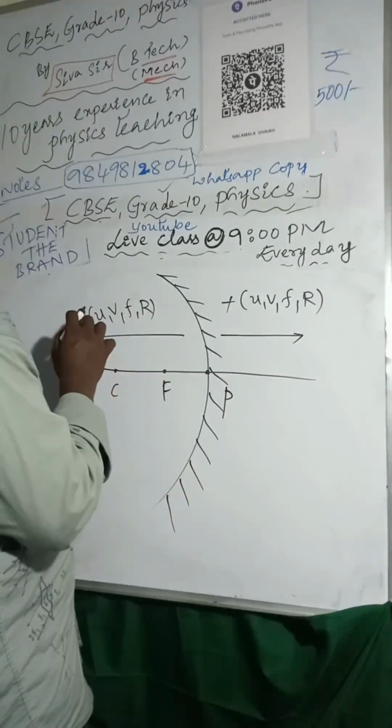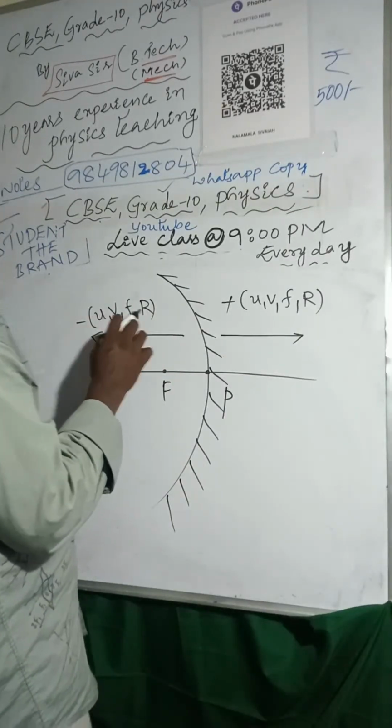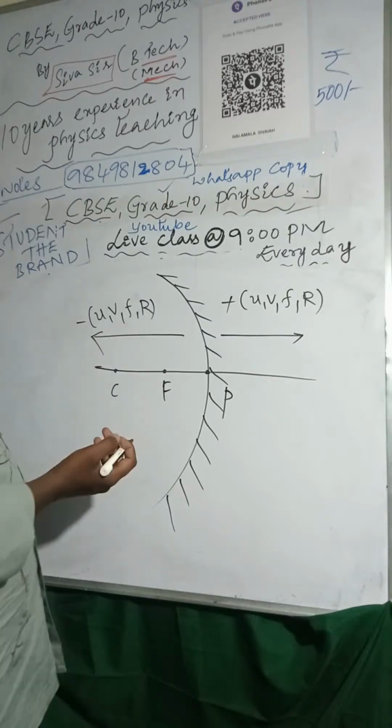Opposite to the incident ray direction, object distance, image distance, focal length and radius of curvature all are negative.